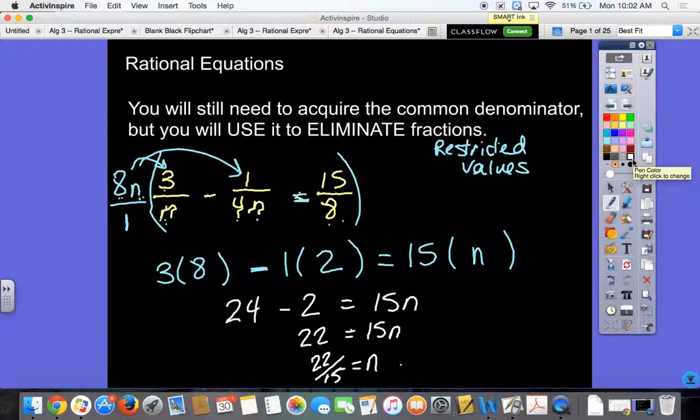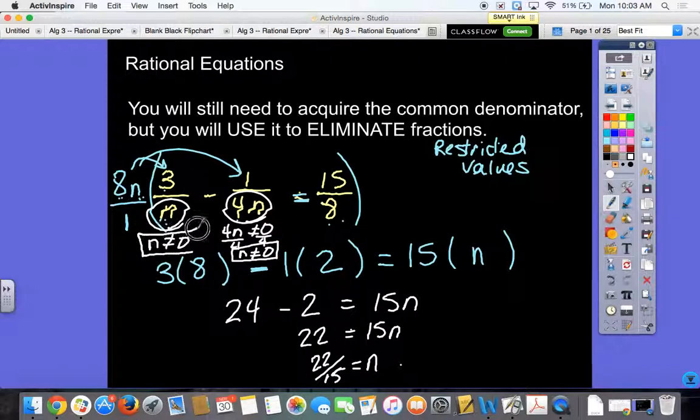So, wherever your denominator has a variable in it, those cannot equal 0. Think about it like this one. n cannot be 0. And 4n cannot be 0. Well, if you divide both sides by 4, isn't it still n can't be 0? So that is our restricted value for this problem. n can't be 0. That means that our answer is perfectly okay. There's nothing wrong with 22 over 15.